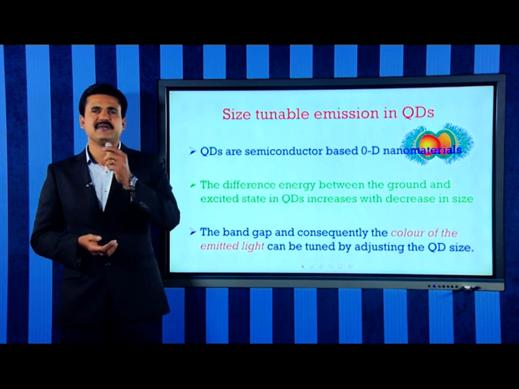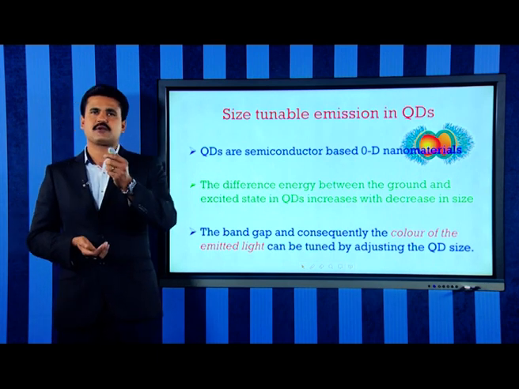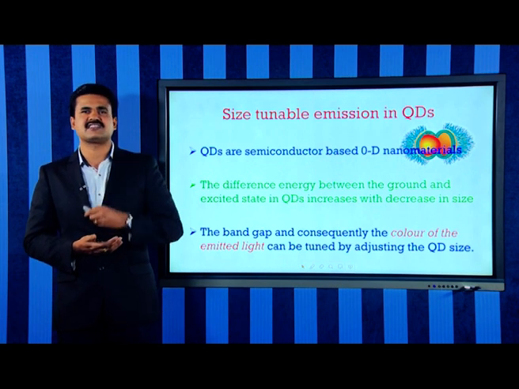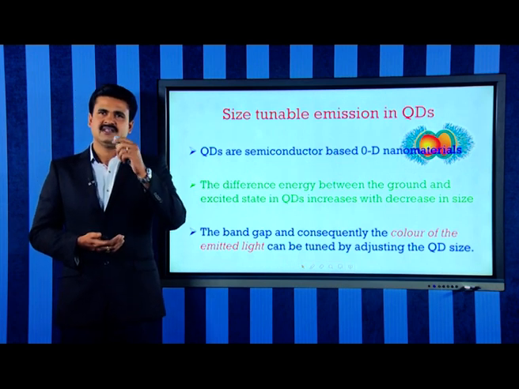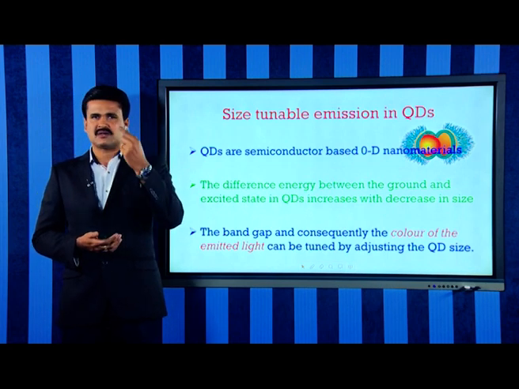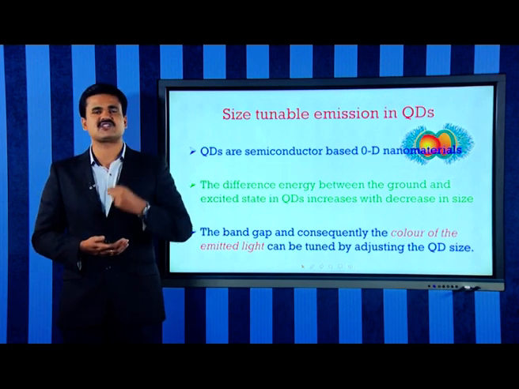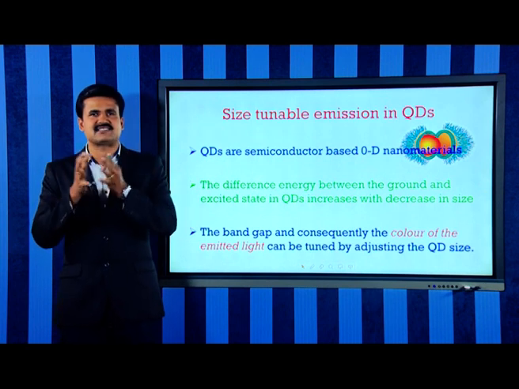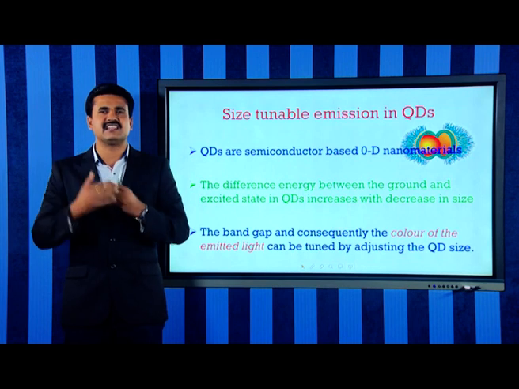And the picture simply represents a quantum dot. Quantum dots are generally semiconductor based materials. As we learned earlier, the quantum dots are zero-dimensional nanomaterials. If you reduce the size, you can increase the energy gap.